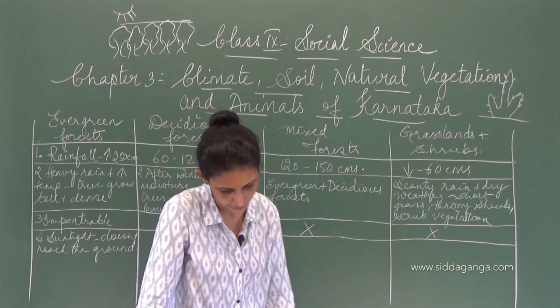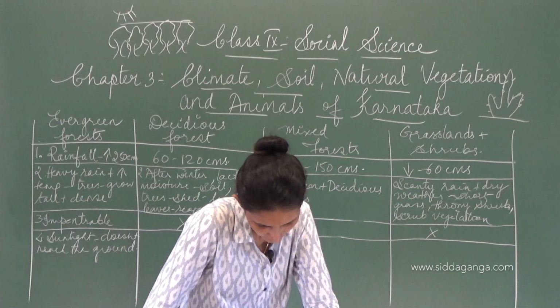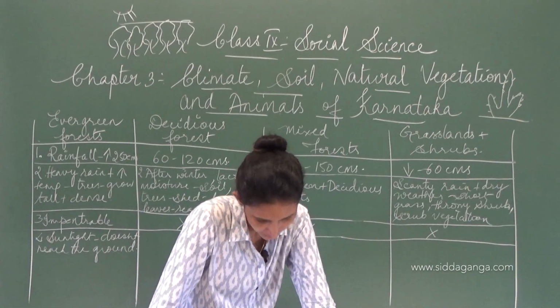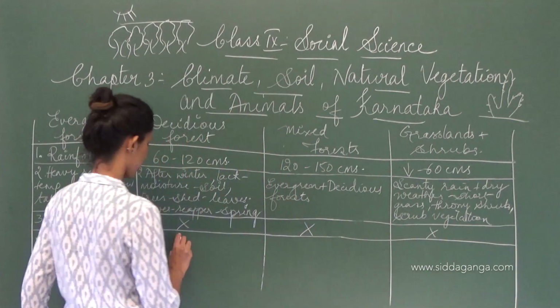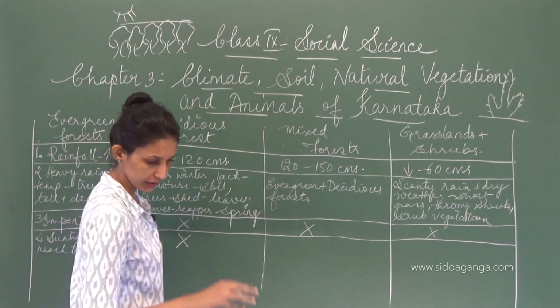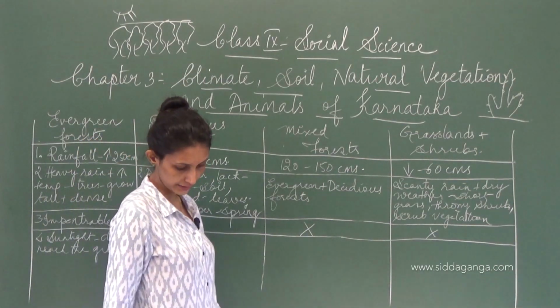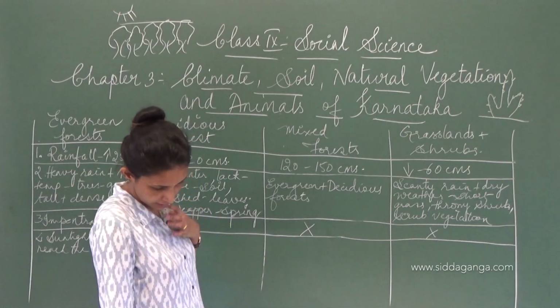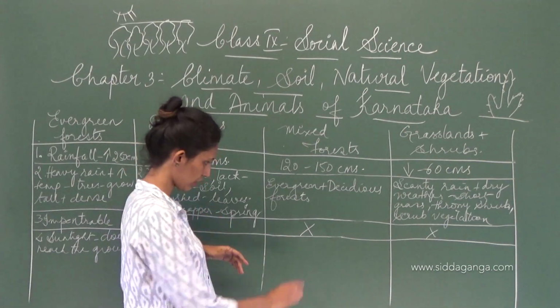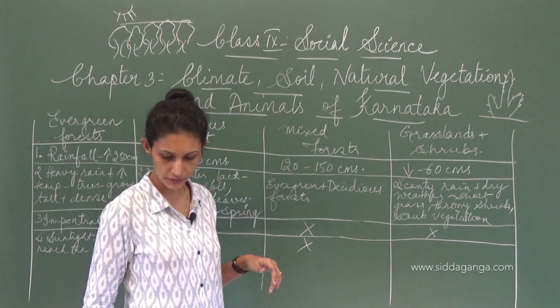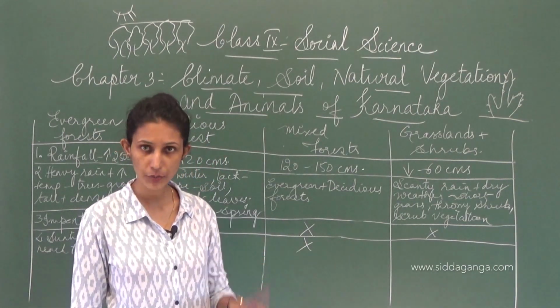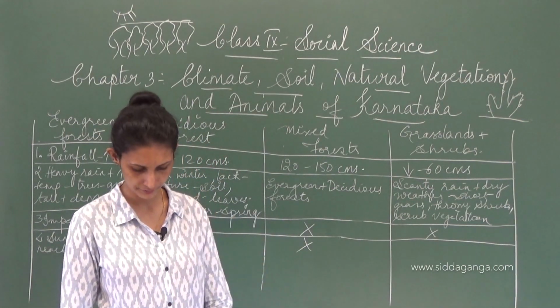Then in the next one, there is nothing written about sunlight. So put an X mark. Nothing regarding sunlight in it. Next, this also doesn't have anything about sunlight, so put an X mark. Means nothing is there.